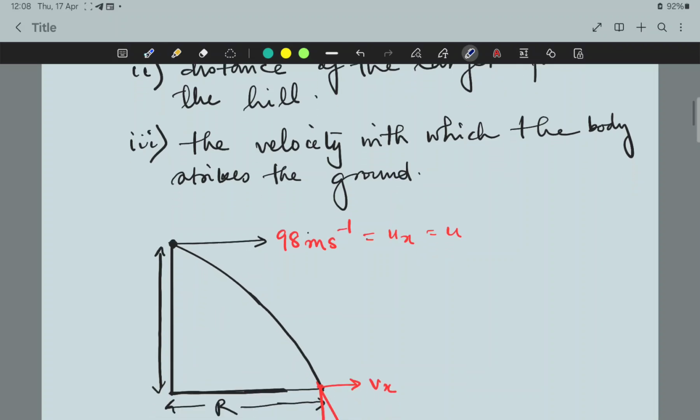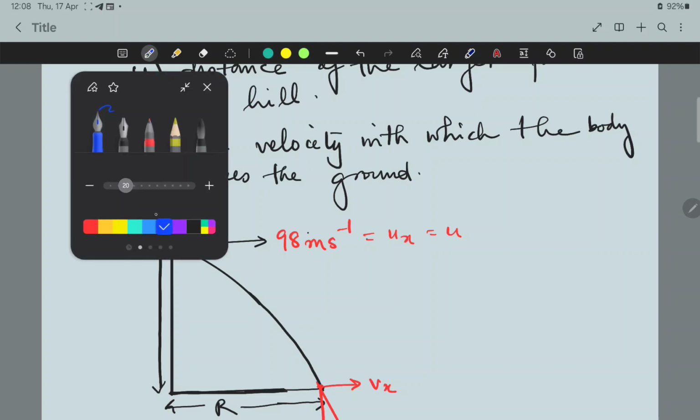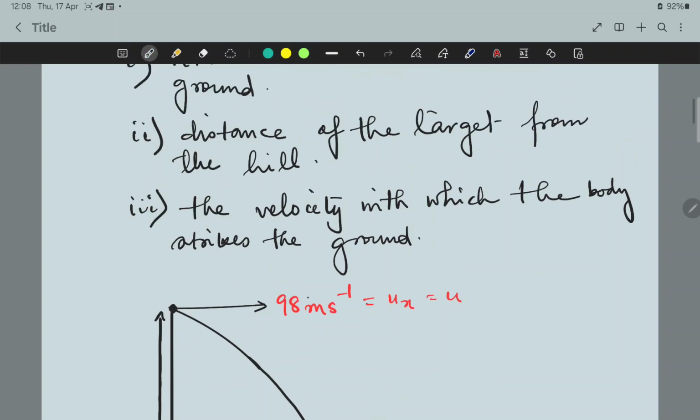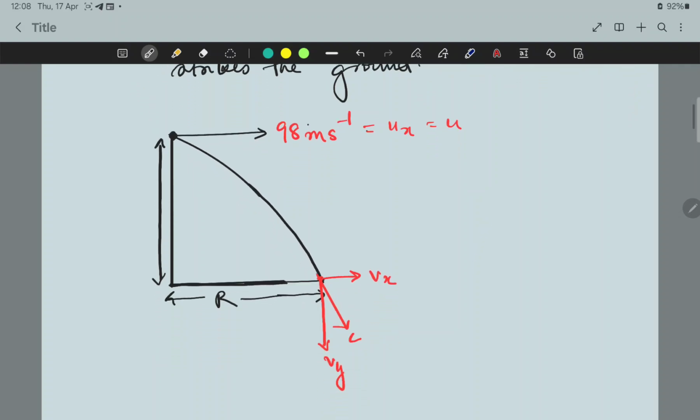For this we are using the second equation of motion along y direction. So along y direction we are using the second equation of motion, which is y equals to uy into the time that we will calculate plus half ay into t square.